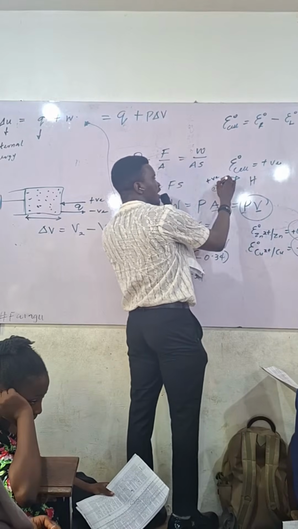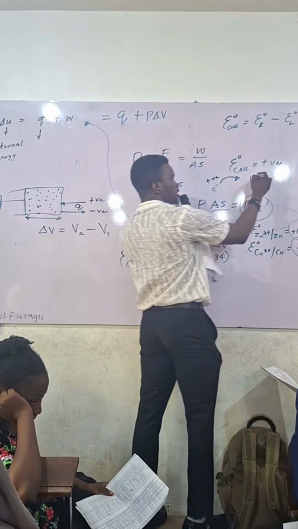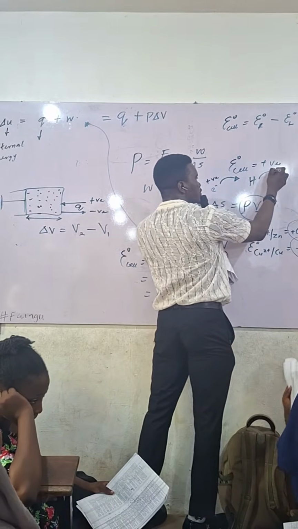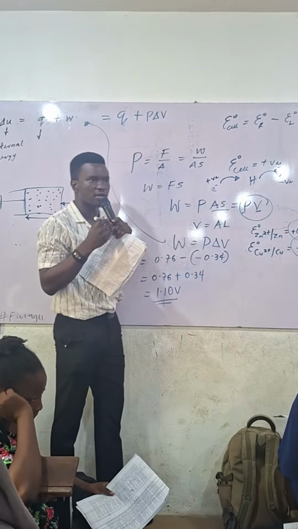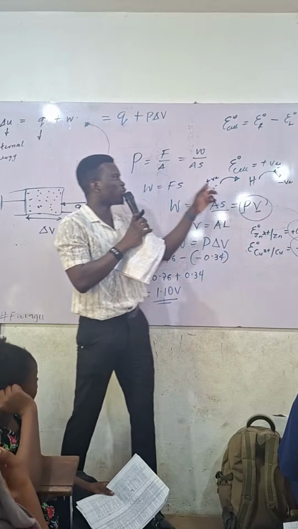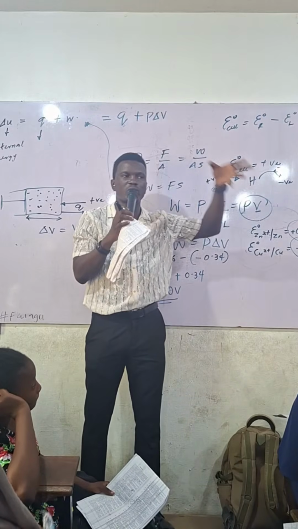The ones that give electrons to hydrogen, they are given positive reduction potentials. The ones that take electrons from hydrogen, they are given negative potential. So what indicates the signs, positive or negative, depends on which is given or which is not.